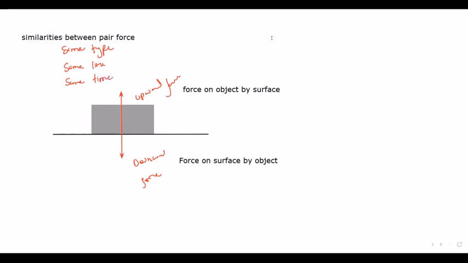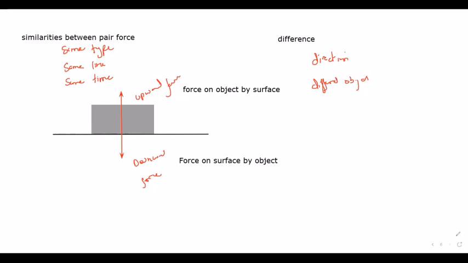And what is the difference between the pair forces? Their directions are opposite, and they are acting on different objects. As you can see, the downward force is by the object on the surface, and the upward force is by the surface on the object.